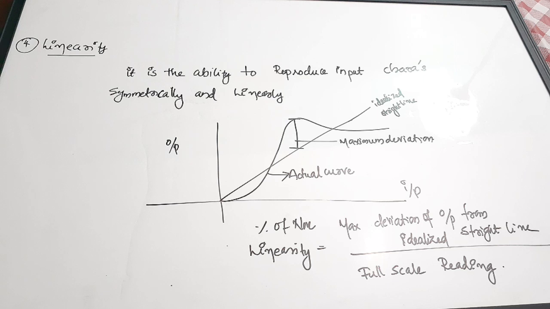The fourth characteristic is linearity. It is the ability to reproduce input characteristics symmetrically and linearly. We can explain this linearity with the help of a graph.